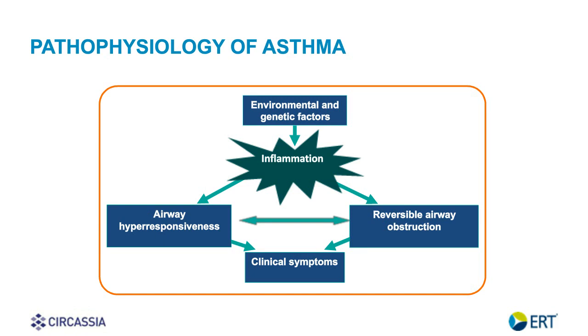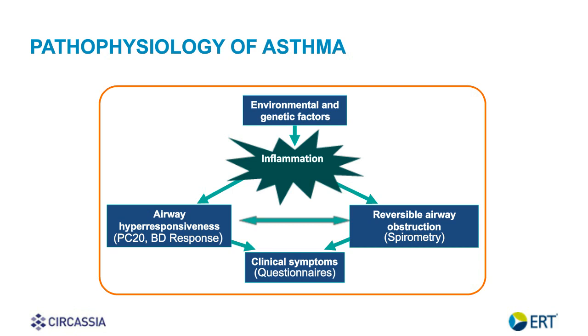So just looking at the pathophysiology of asthma, you can see that primarily inflammation drives all of the different things we see in asthma, including airway hyperresponsiveness, clinical symptoms, and reversible airway obstruction. Now, we can measure these different things in different ways. For airway hyperresponsiveness, we can do PC20s, which is methacholine challenge testing, and other types of challenge tests.